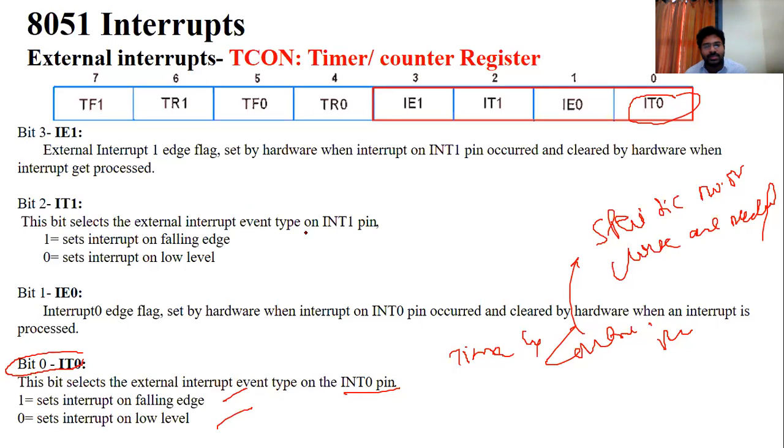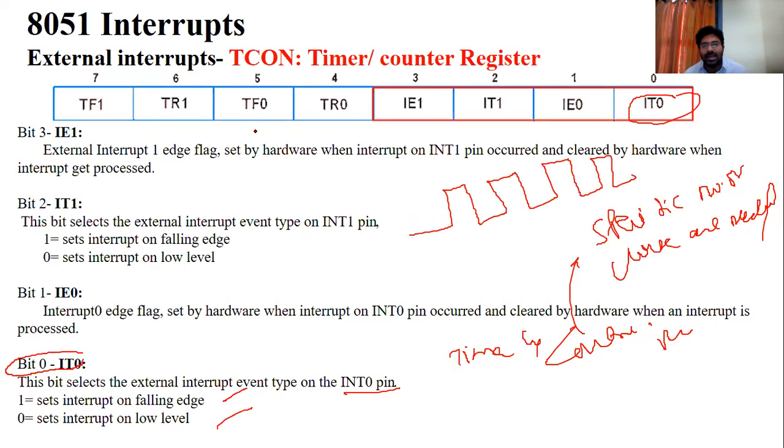Remember, this timer control register defines the clocks. What is the time delay between the two operations? Nothing but the interrupt 0 and interrupt 1 operations time delay, as well as how many clocks are required to perform these operations, are given by the timer counter register.